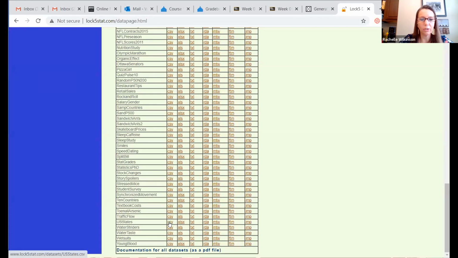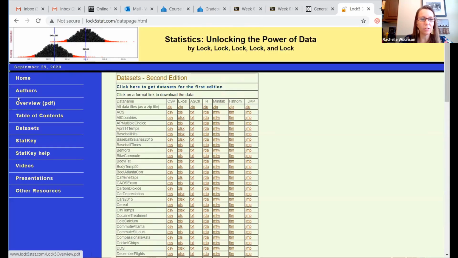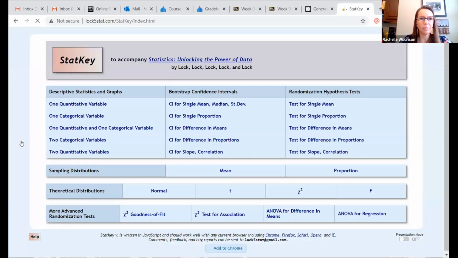I'm going to download the CSV file because then I can easily upload it into StatKey. I've already downloaded it on my computer, but if you're doing this, you should click on where it says CSV, and that should let you download the data file to your computer. Once you have the data set downloaded, we're going to go back to StatKey. So if I scroll back up, I can click over on StatKey on the side.